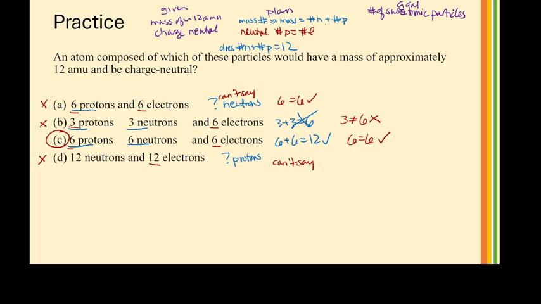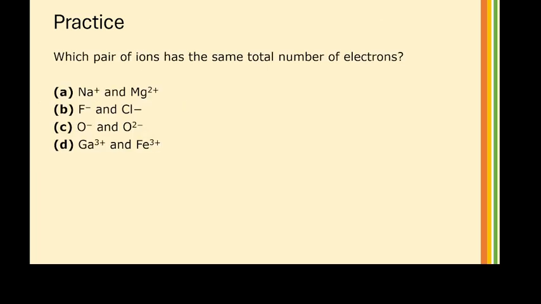I'm determining the answers. Which pair of ions has the same total number of electrons? Okay, so how do I determine the number of electrons? Well, remember, the number of protons minus the number of electrons equals the charge.